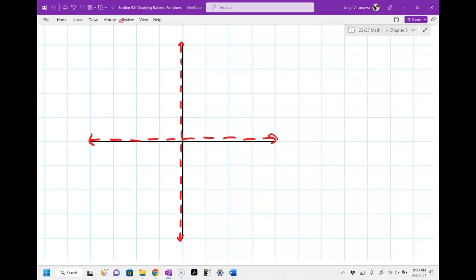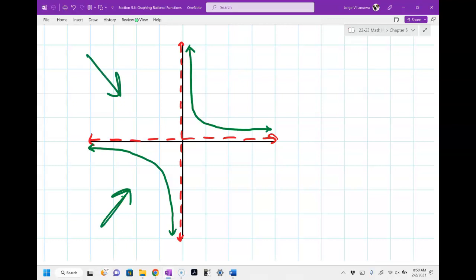Normally the asymptotes look like that, and then the graph itself will look like this. That's the shape you're going to be looking for every time, the green graph. Maybe it'll get flipped upside down, where this piece will be up there and this piece will go down here.